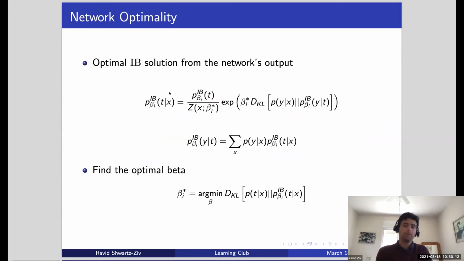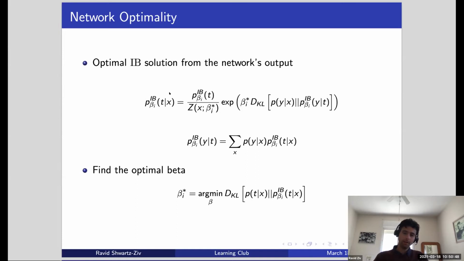Another experiment that we did was to look at the optimality of the network. The IB theorem gives us an optimal solution in some cases for the problem. So we took the network output and inserted it into the IB equation, and calculated the optimal solution for each one of the layers, and we also found the optimal beta by that.